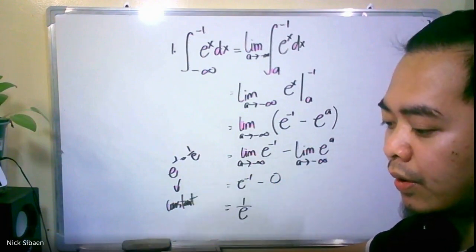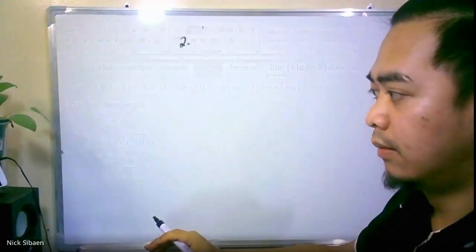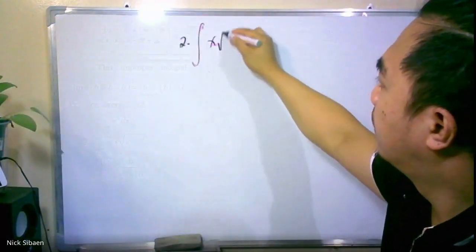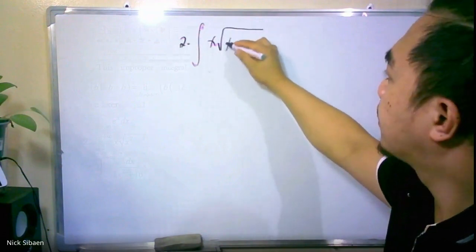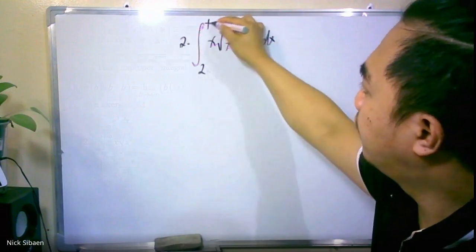Let's answer the second one. That is x squared minus 1 dx from 2 to positive infinity.